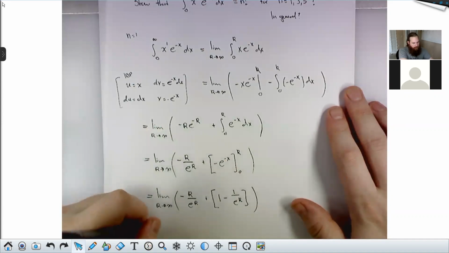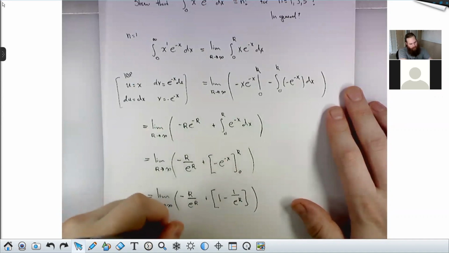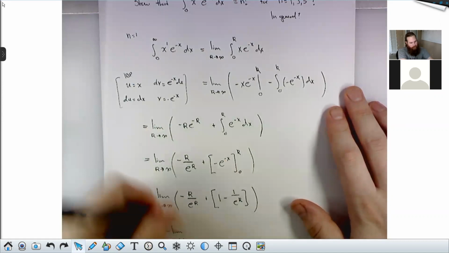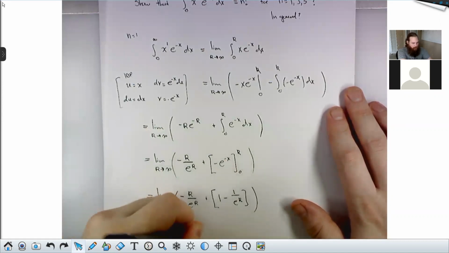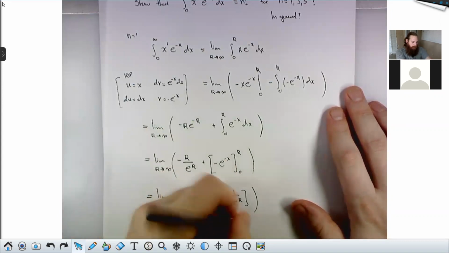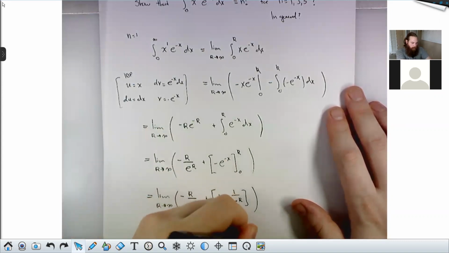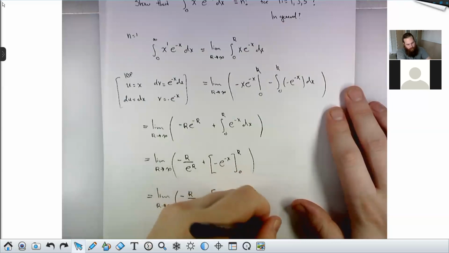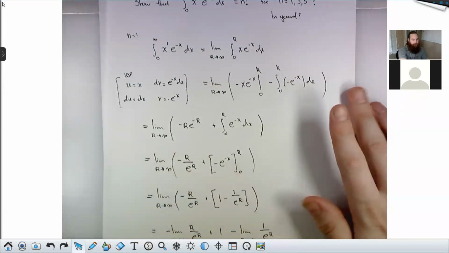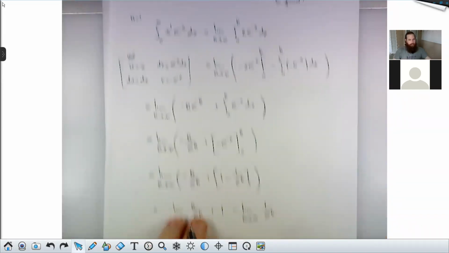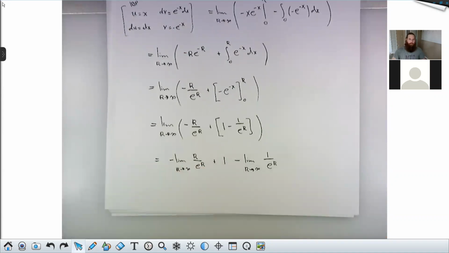And then I split that limit up. So I'll have negative limit as r goes to infinity of r over e to the r, plus 1, minus the limit as r goes to infinity of 1 over e to the r, like so.